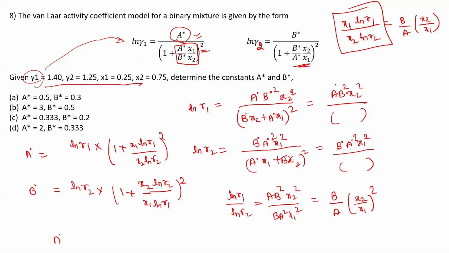And using this, I will get A star is equal to 3, B star is equal to 0.5. Okay, of course, if it's a competitive exam, you can go for a simpler way. You just substitute one of them and do the trial and error.